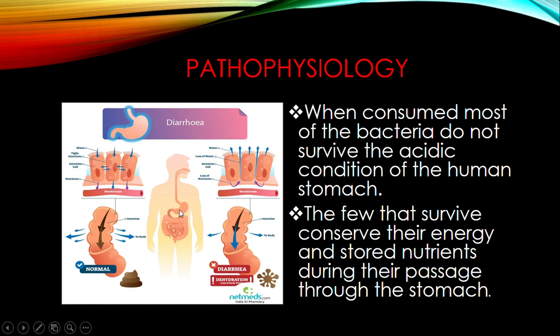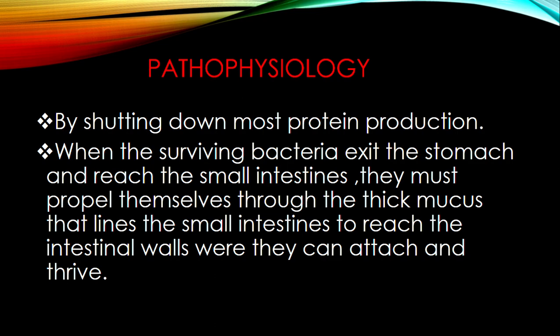Now the few that survive preserve, or conserve, the energy that they have in their stored nutrients as they pass along the stomach. We are saying that it does that by shutting down most protein production.